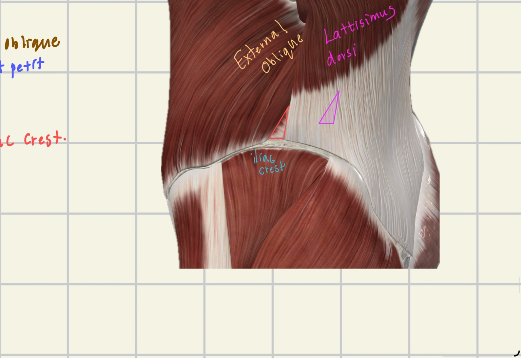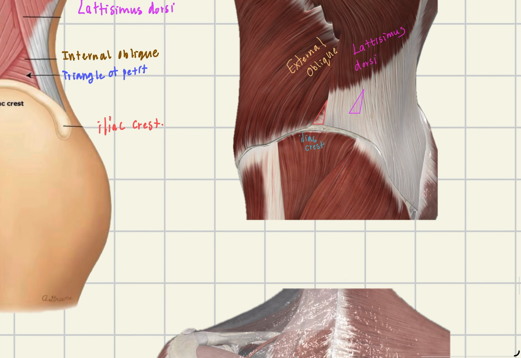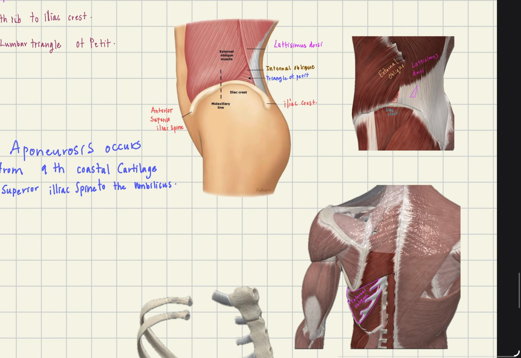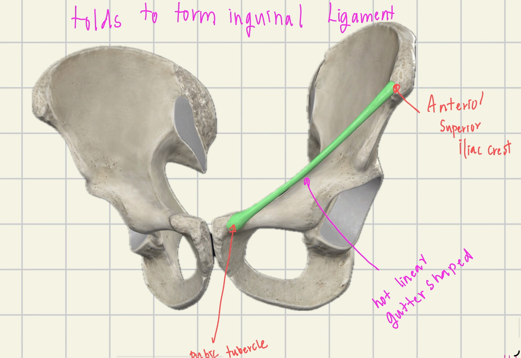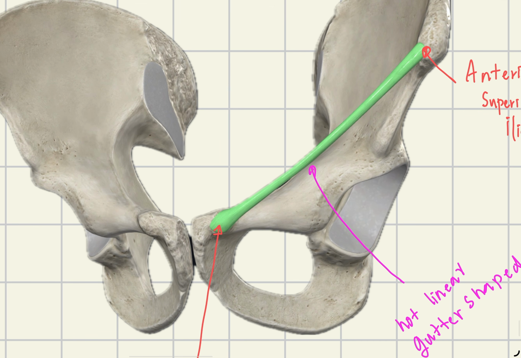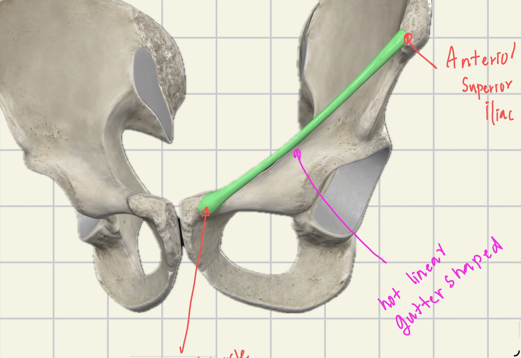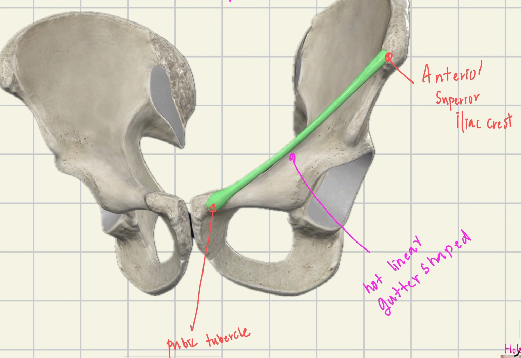The lower border, the line between the anterior superior iliac spine and the pubic tubercle, forms the inguinal ligament. Let me show you this. This edge is rolled upwards like a gutter so that it gives origin to part of the internal oblique as well as transversus abdominis muscles.